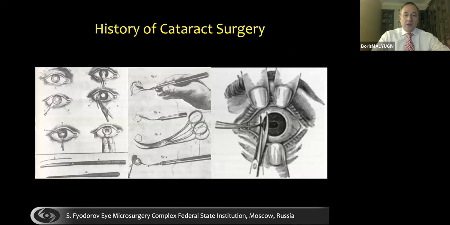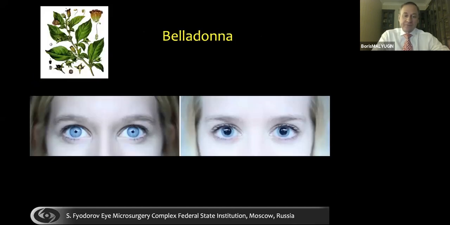So, for years, it was a big issue for cataract surgeons, even for the ancient cataract surgeon. As you can see here, iridectomy was one of the options at that time to have a good access to the lens to be able to extract it from the eye.